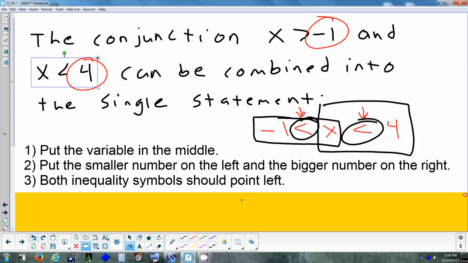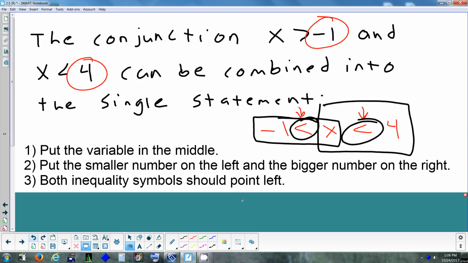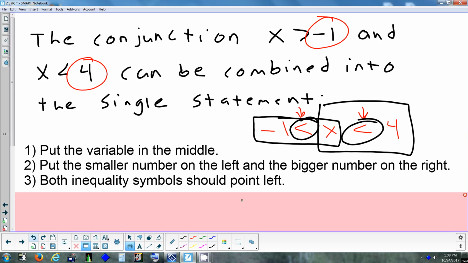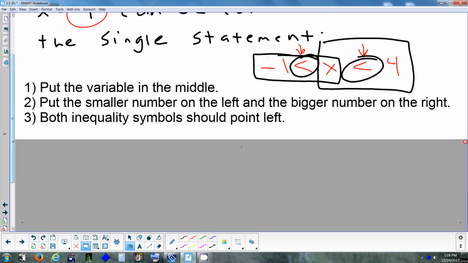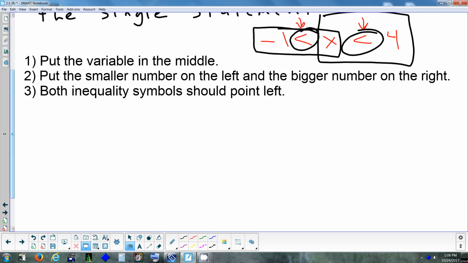Yeah, you would have to flip them. But again, for what we're doing, I'm going to avoid having to do that, so we'll always do it this way. But I just want you to know this isn't the only way. Everyone have the 3 steps? All right, let's try it.